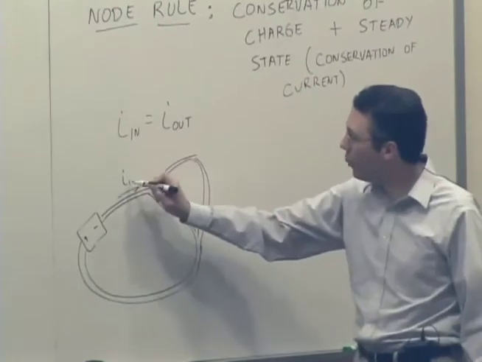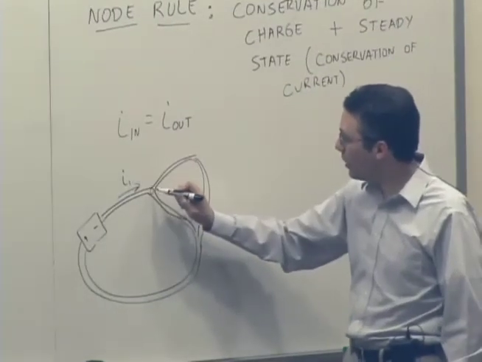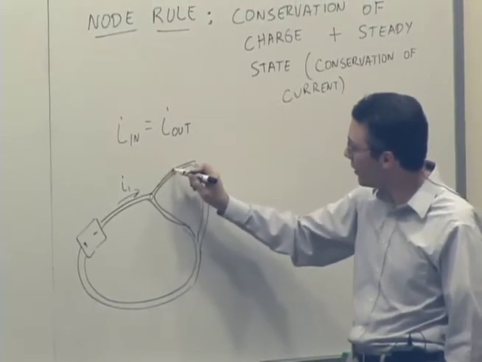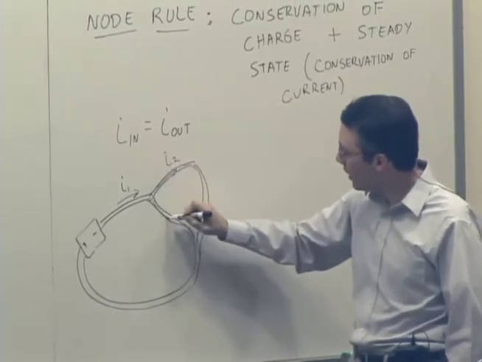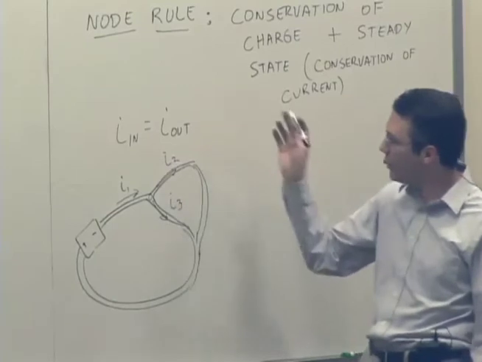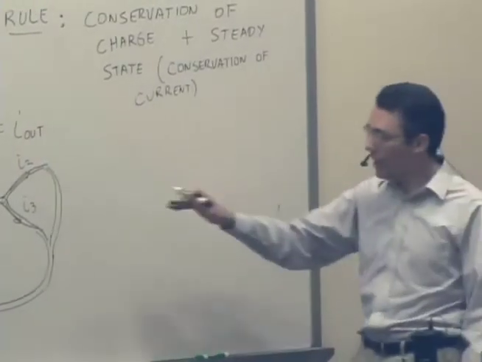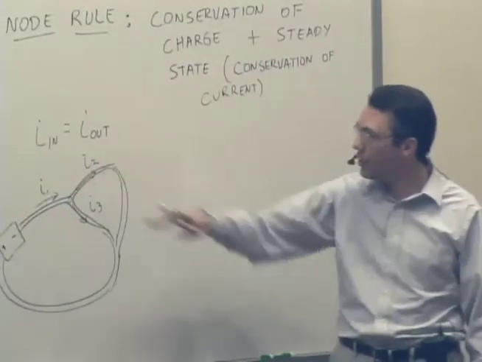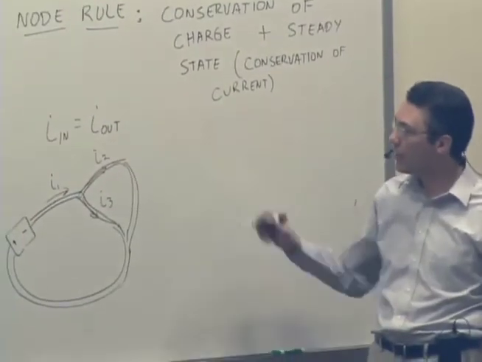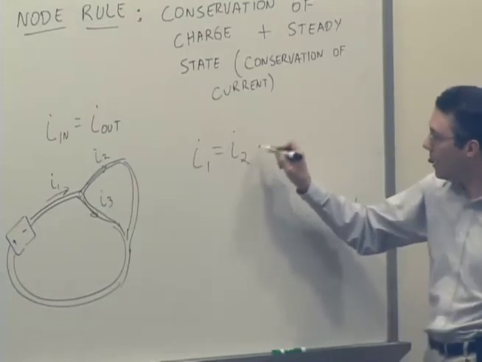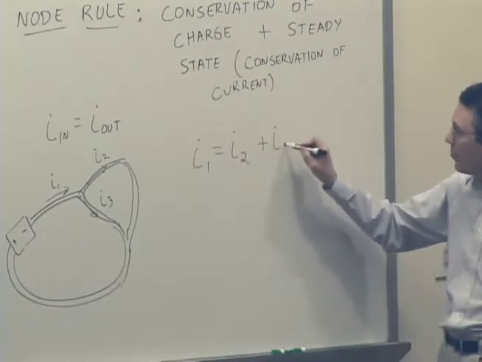We'll call that I1. And then here's a spot where you have two branches in the circuit, and here's I2 and I3. And so by the node rule, what has to be true? Okay, they just split. What has to be true about the relationship between these three currents? I1 is equal to I2 plus I3, right?